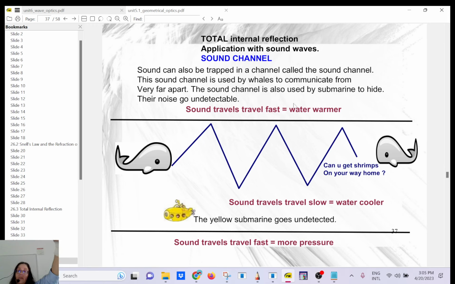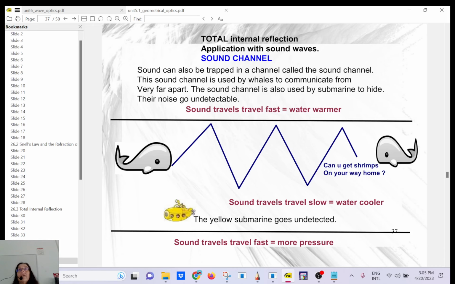And here it's faster because you have more pressure. So in between, it's going to be slower. Okay, so a slower wave in that part inside the ocean, and that's called the sound channel.